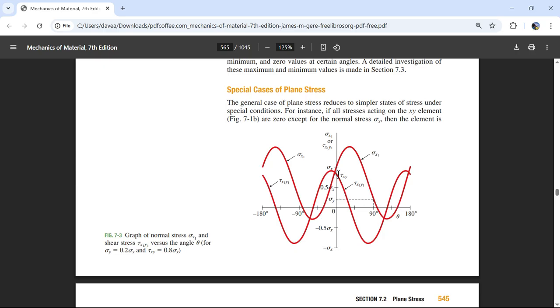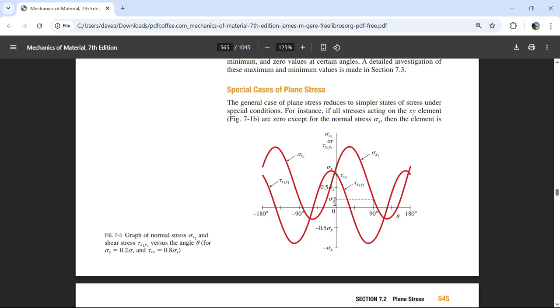But they just said that if theta is 0, sigma x is going to be right there. And that value is going to be sigma x. And 20% of sigma x is sigma y. So there's sigma y right there. So if we drew in sigma y on this graph, it would show up right here.